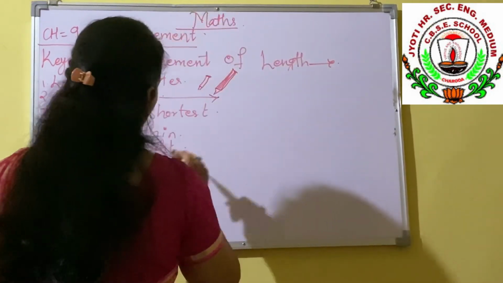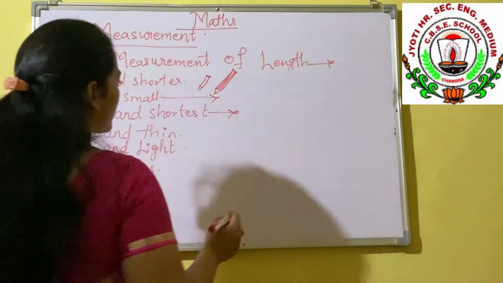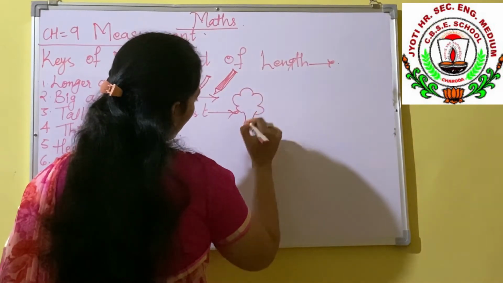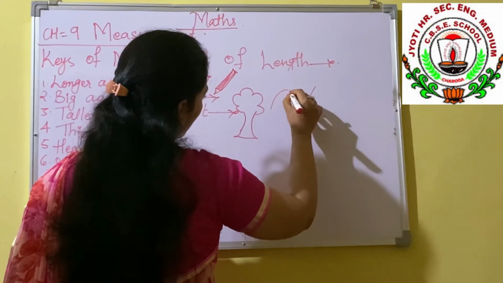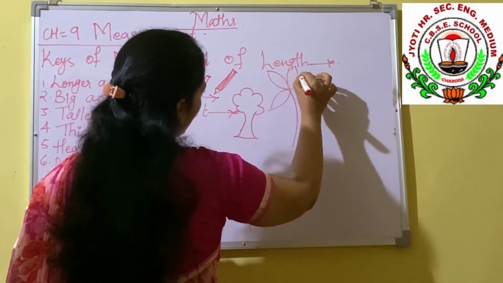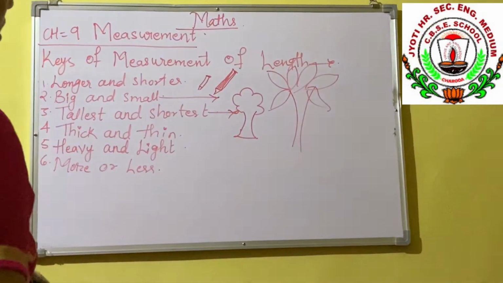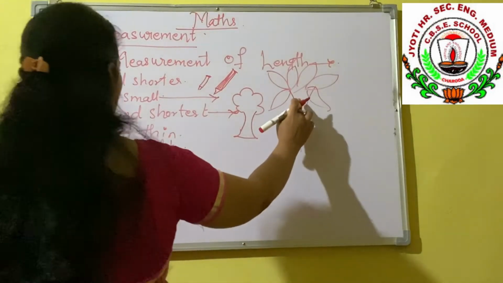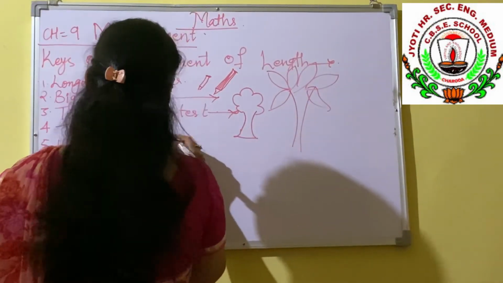Taller means lamba and shorter means chota. Here we are having one mango tree and one coconut tree. You can see, students, the mango tree is shorter than the coconut tree. Coconut is taller and mango is shorter. Like this only, thick and thin.